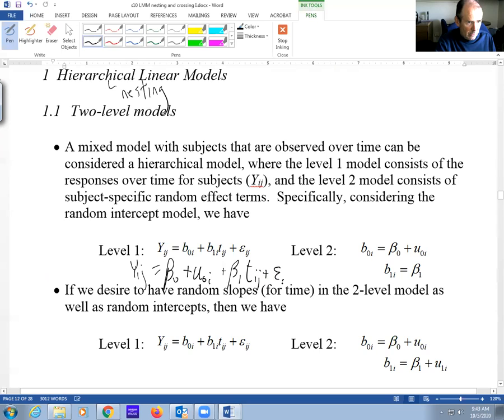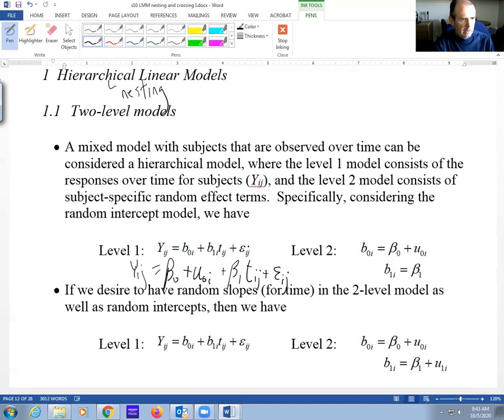So that's how we normally write it. What we're doing is distinguishing the repeated measures part versus the subject part, writing those two things separately. In practice, I don't really do that, but this conceptually allows you to think about the different levels.